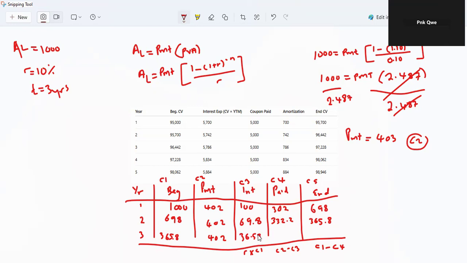And how do we get column 4? Subtract 402 minus this answer. What are you getting? 365.42.